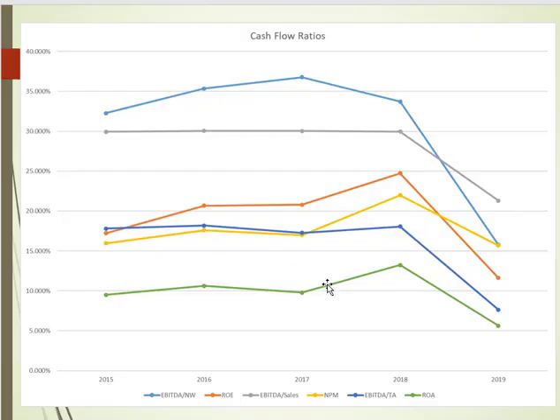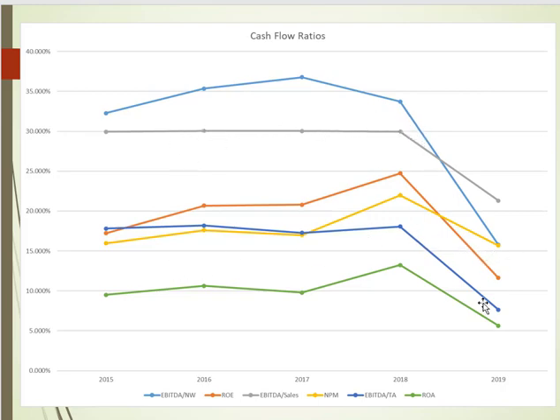Now here we have our companies. The blue one is EBITDA divided by net worth, and here's our ROE, the orange, so we can see that they look very similar. EBITDA to sales compared to net profit margin: again, they look very similar. Here's gray, here's blue.